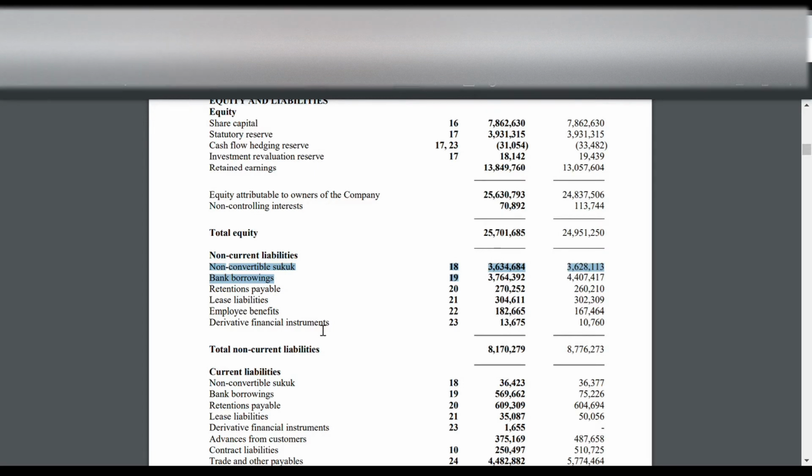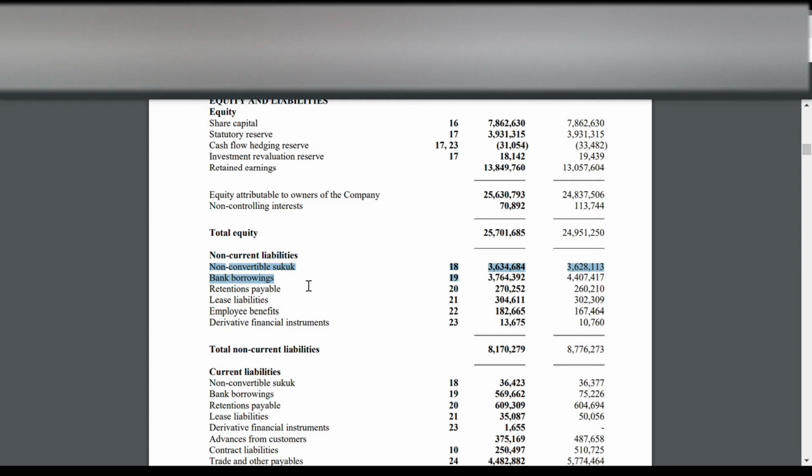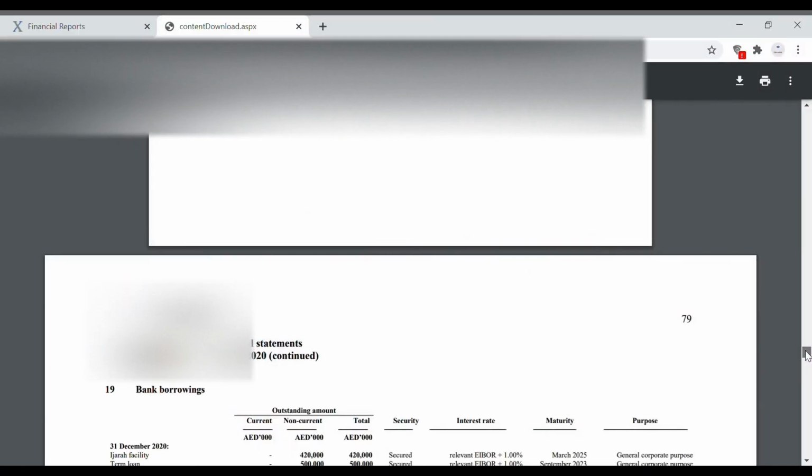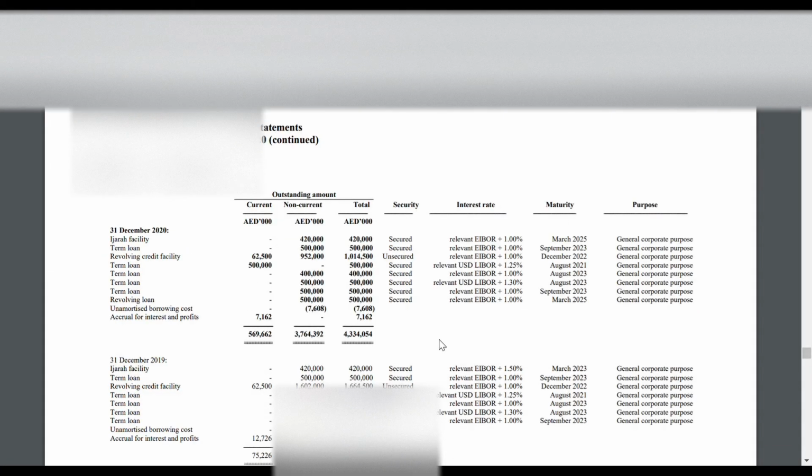What we need to make sure of is whether the bank borrowings are based on a conventional arrangement or a Sharia-compliant arrangement of loans. To see further details, I'll go to check note 19. Okay, we are at note 19.